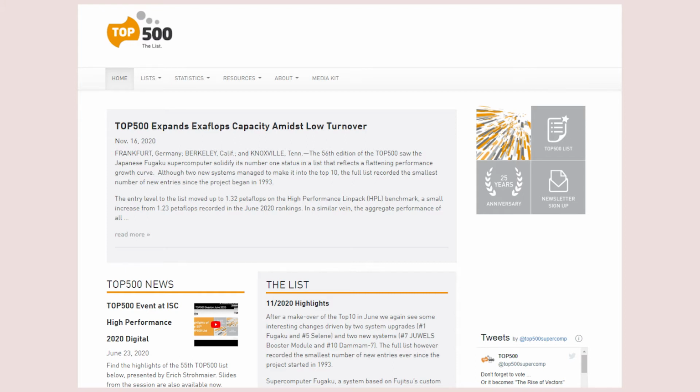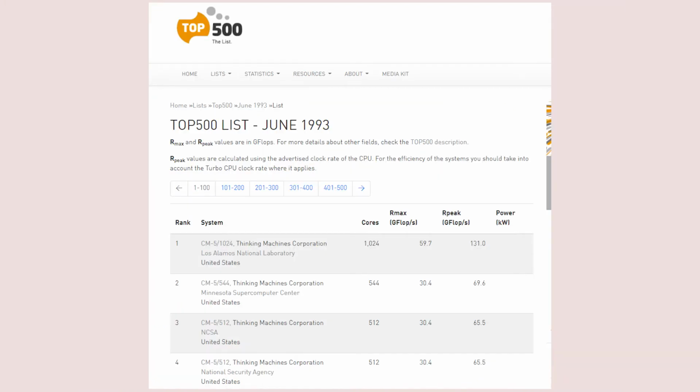So the Top 500 benchmark was started in 1993. It had a long gestation period of 20 years from the time when the benchmark was first created, that is solving a system of equations of size 100, to the point where we actually had collected 500 machines with those ground rules to come up with this list. That benchmark goes by the name of HPL, the High Performance LINPACK.